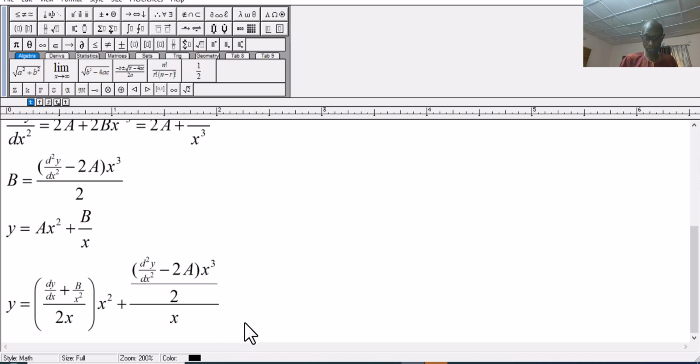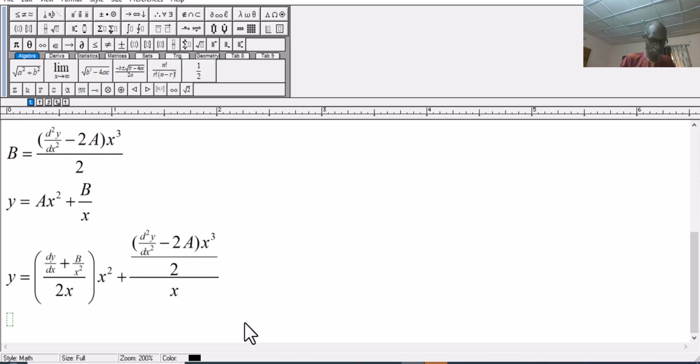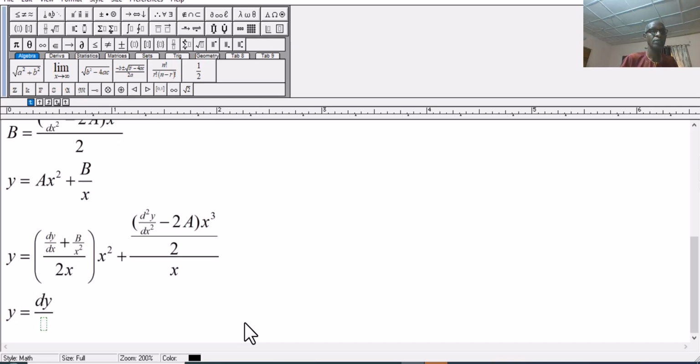And then we can simplify this. So let's start the simplification. So we have y equals dy/dx plus b over x squared, bracket closed, times x, and then everything will be over 2, plus that can come down.